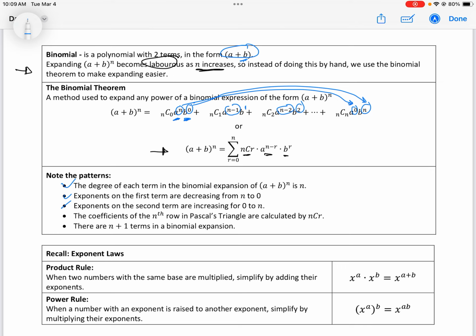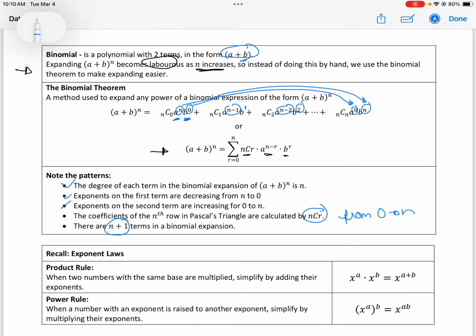And then the coefficients of each are going to be in the form nCr, starting at 0 and going all the way to n. And throwing this out there, there are n plus 1 terms in each binomial expansion. So if the exponent's 10, there would be 11 terms. If the exponent's 15, there'd be 16 terms.